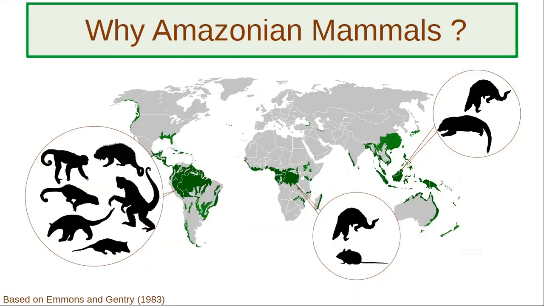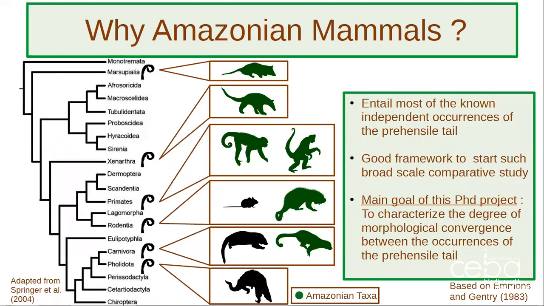And so, as I said, most of the species are found in the neotropics, and it's not only species richness. Looking at the phylogeny of mammals here, you can also see that most of the independent appearances of this trait comprise neotropical species.